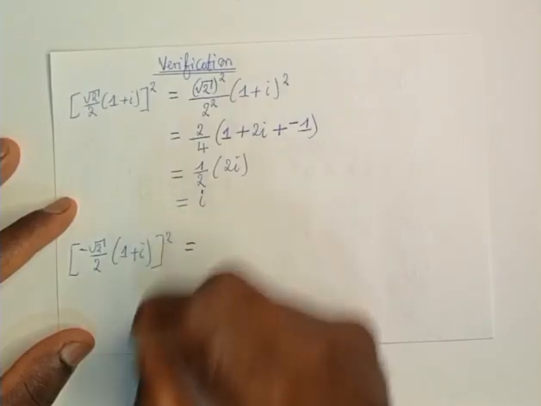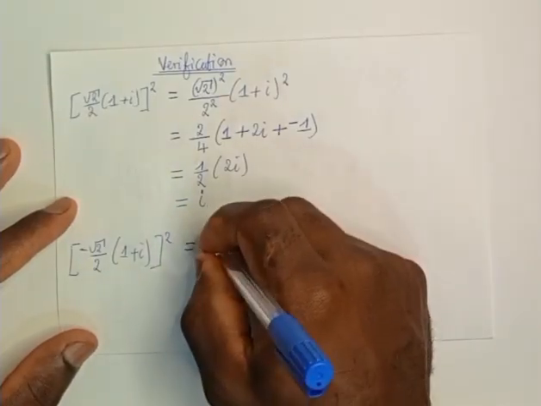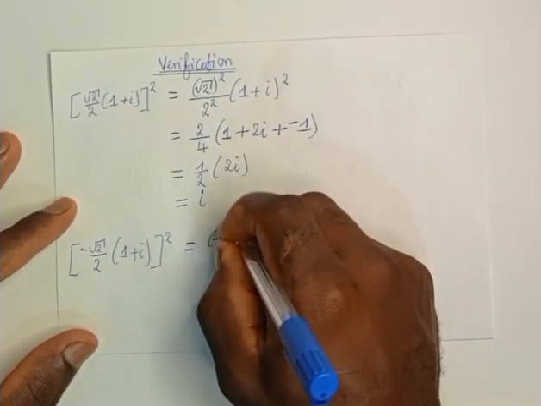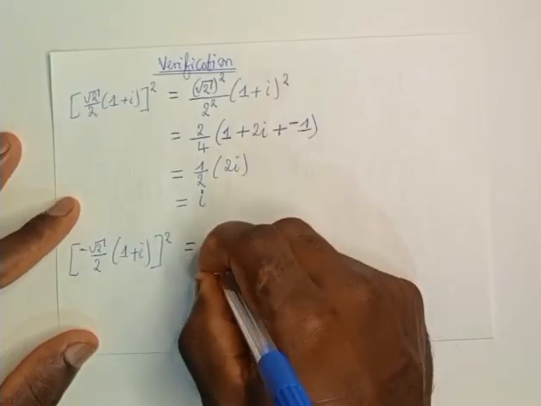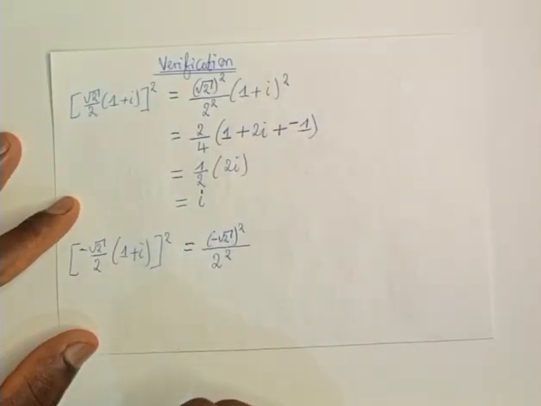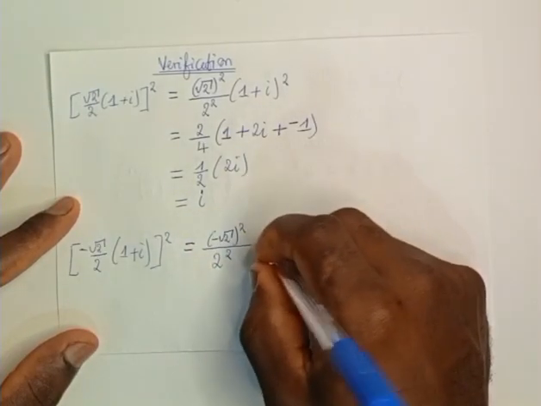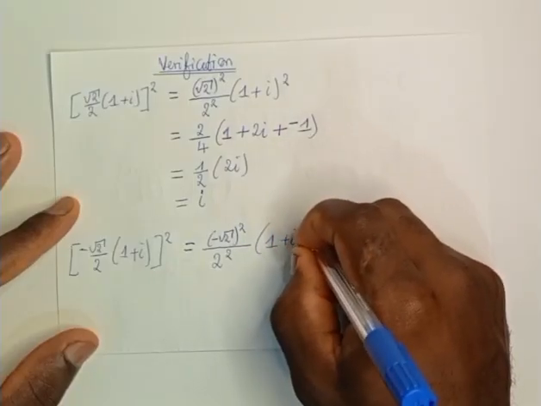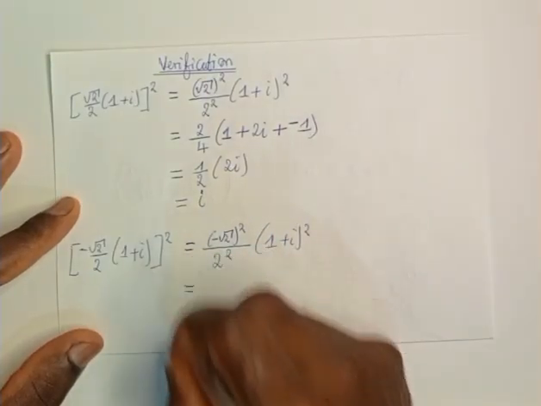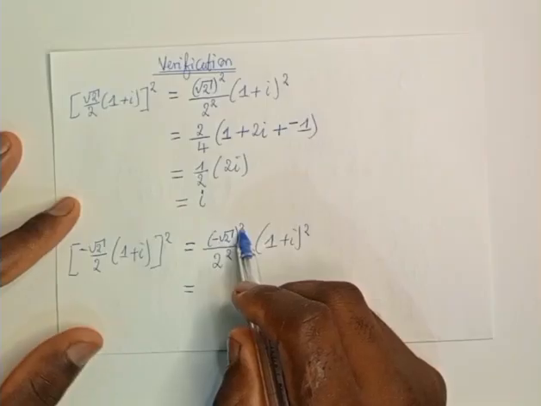This will simply be equal to negative root 2 squared all over 2 squared times 1 plus i squared. This will be equal to negative root 2 squared.